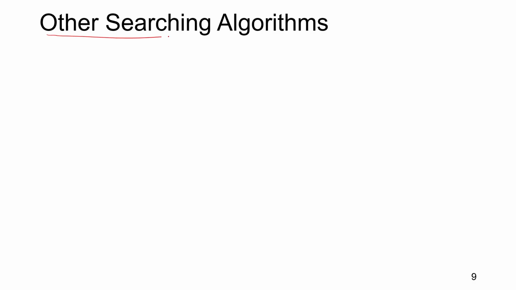If you look into the slides, it says other search algorithms. The other major searches are: one is interpolation search, which is like what people really do, how people do the search.